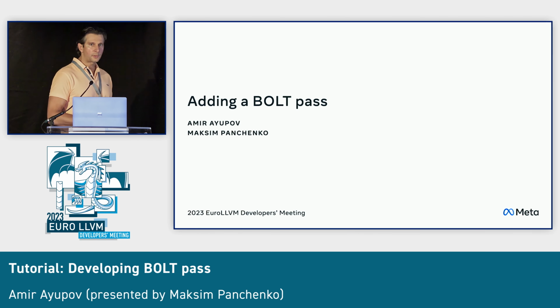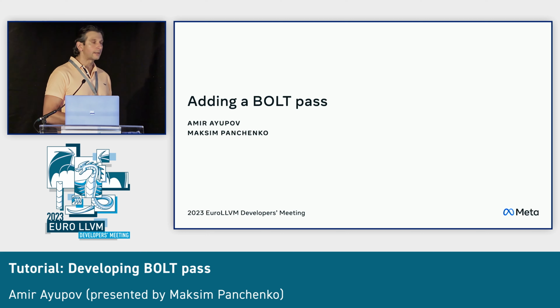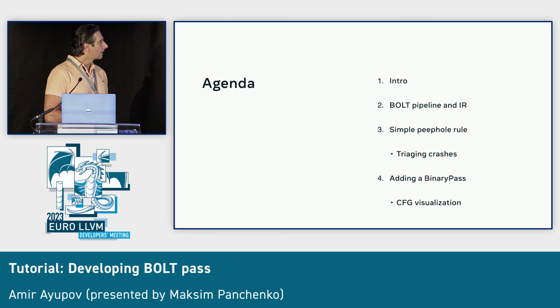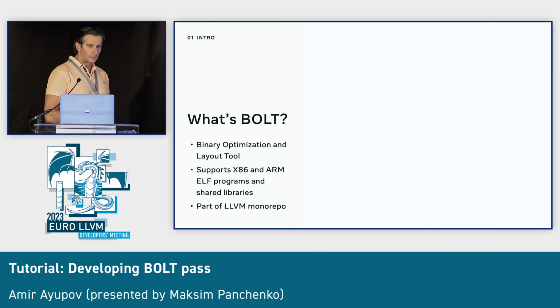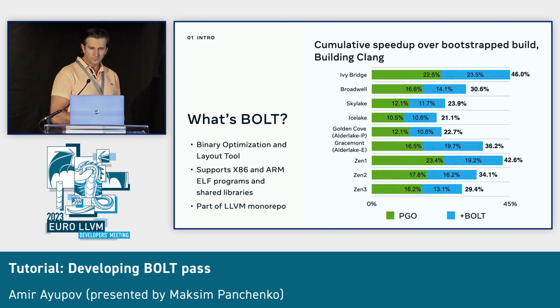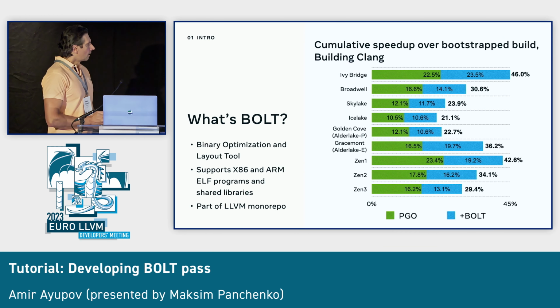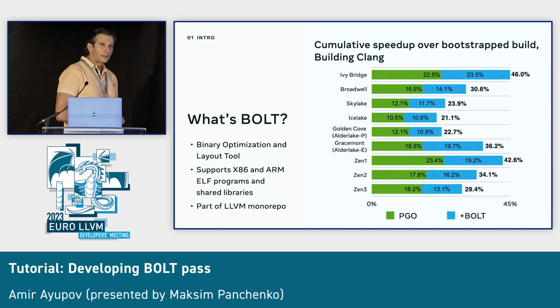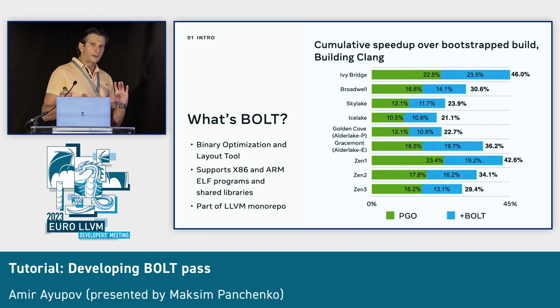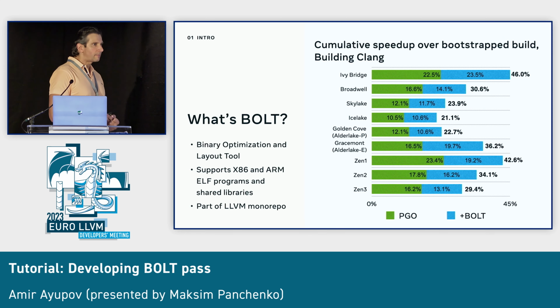BOLT is a binary optimizer that is part of LLVM. Let's show the slide of what it actually represents and what platforms it supports. BOLT stands for Binary Optimization and Layout Tool. We take the binary, break it into pieces, combine it again, and using profile information, make it faster.